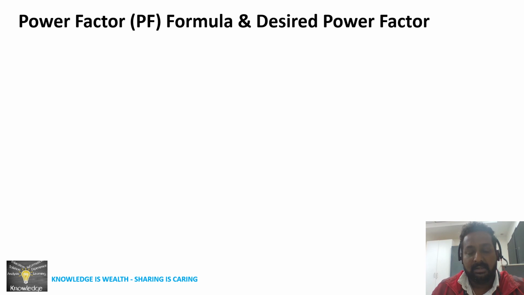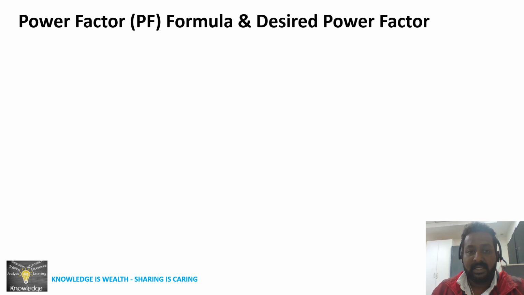So let's start my favorite part, power factor formula and calculation of desired power factor. I'll go a little bit slow because you really need to understand this to implement in your building, optimize energy consumption, and maintain your building at a desired power factor.